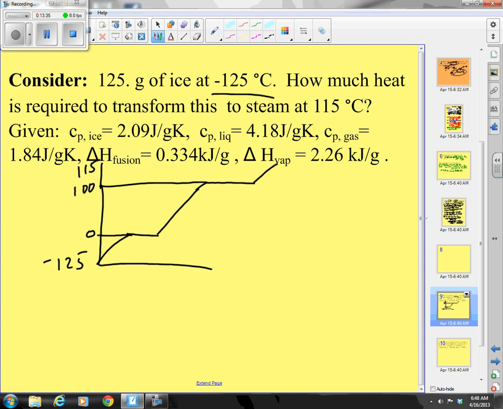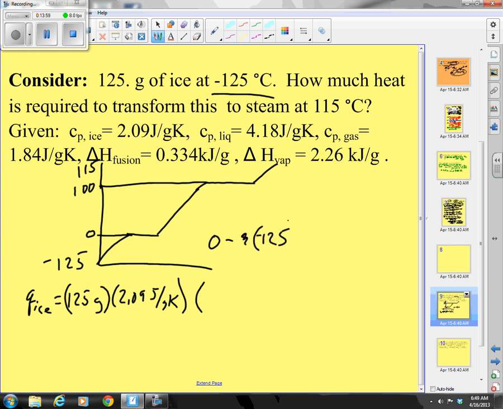All right, so Q ice is going to be equal to, what's my mass? 125 grams times C sub P of ice, 2.09 joules per gram Kelvin, times delta T. Well, my delta T is 0 minus -125. So what's my delta T from here to here?